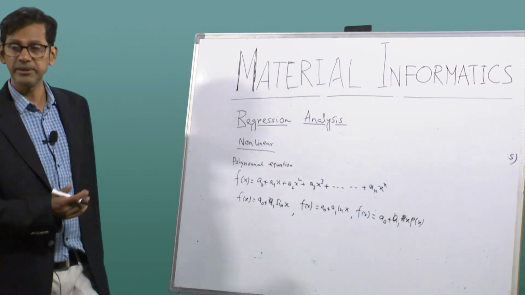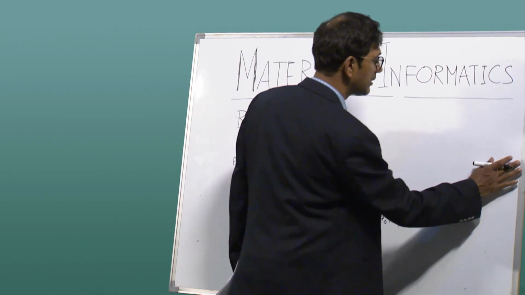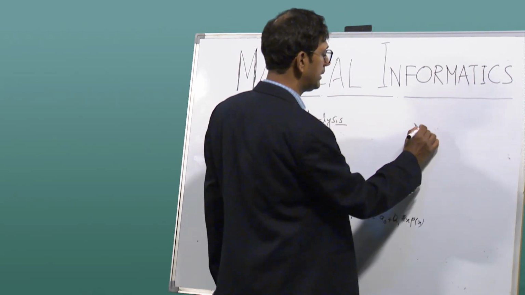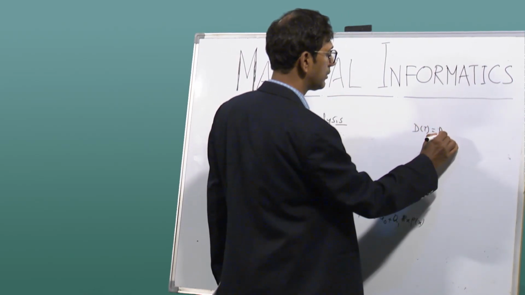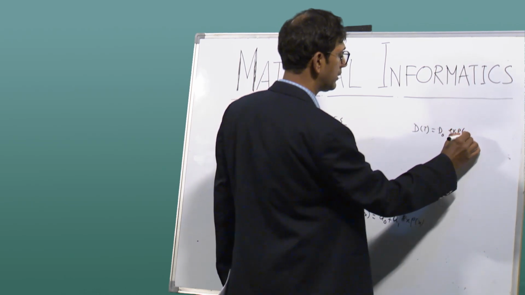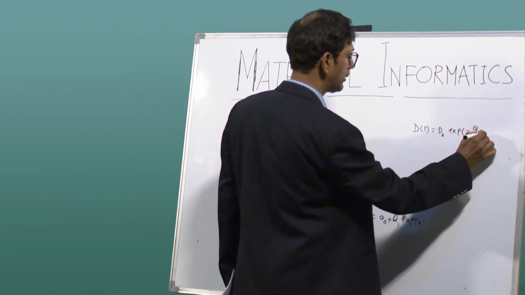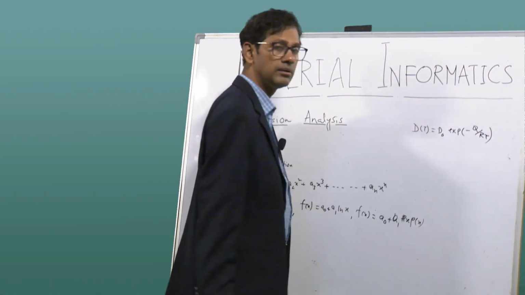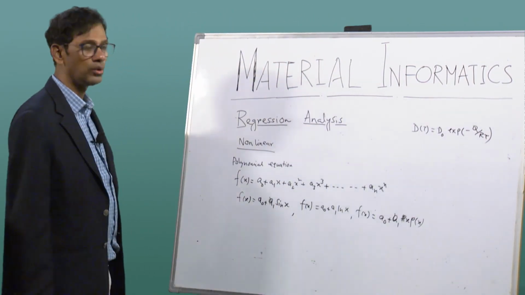The best possible exponential equation is the diffusion coefficient: D(T) is D0 exponential minus Q by RT. Am I clear? You know this, right?